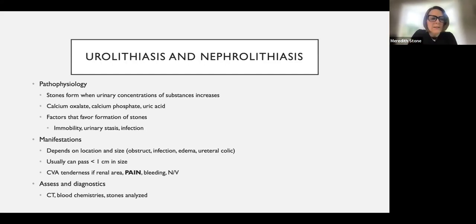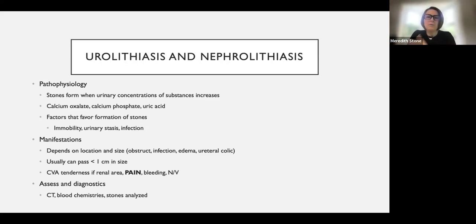Now with this as well, they'll do CAT scans to look at where the stones are and to be able to measure chemistries and stones. Chemistries can help determine if you have high uric acid, which we've already talked about.